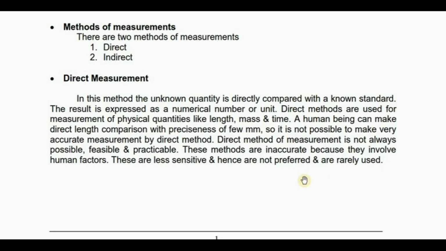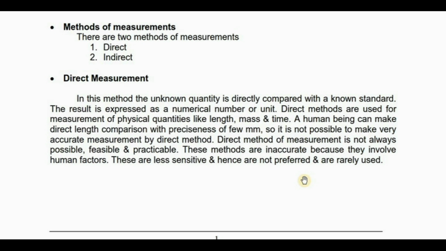So what is being said here is, what is actually direct measurement? A direct measurement is one where we compare the unknown parameter or unknown quantity with the known value. As in the earlier example, suppose you want to measure the length of a stick.